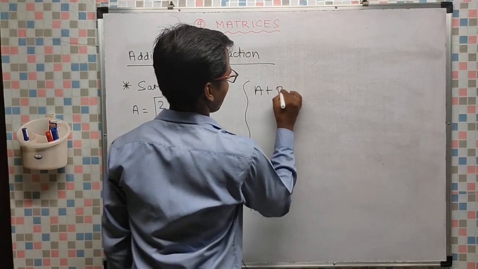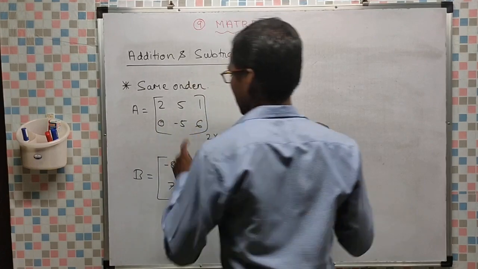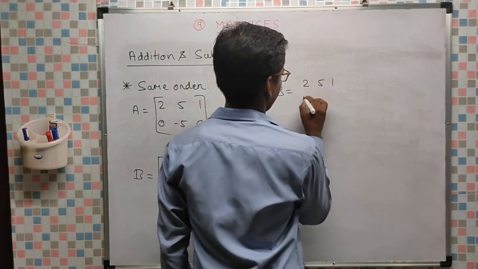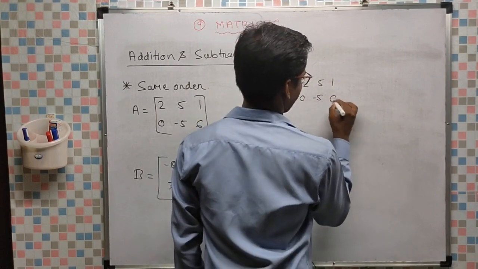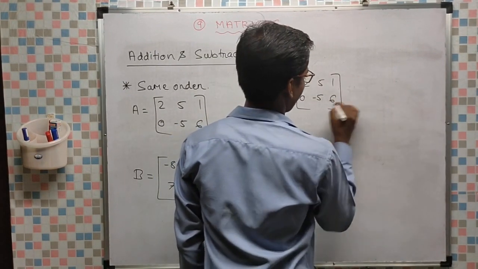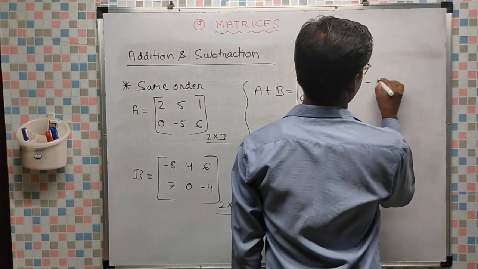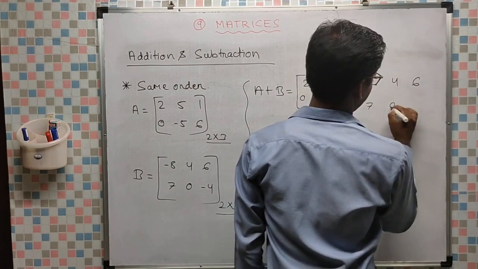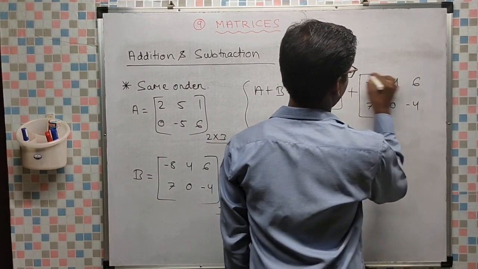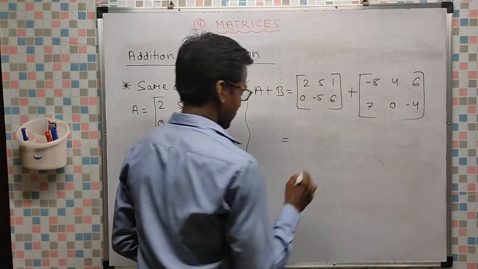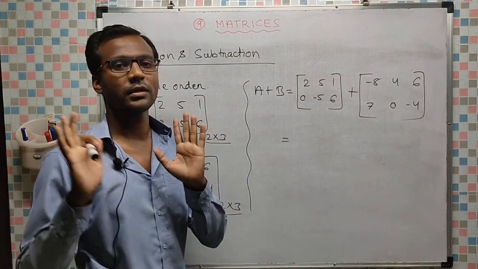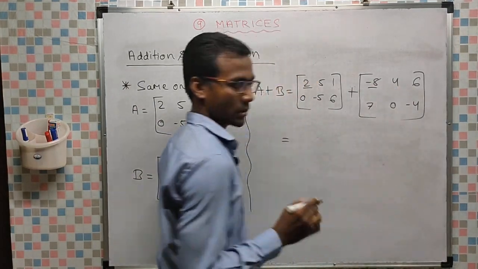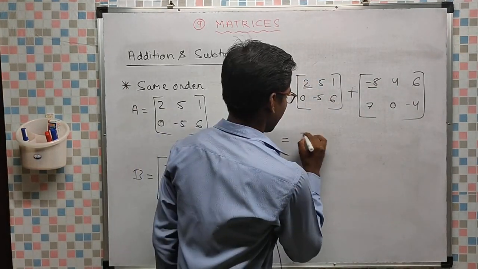A plus B is equal to, write the two matrices side by side: 2, 5, 1, 0, minus 5, 6, plus minus 8, 4, 6, 7, 0, minus 4. Now just add the corresponding elements. 2 plus minus 8 is equal to minus 6.